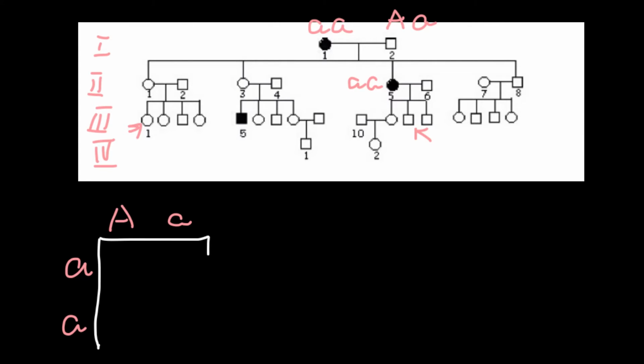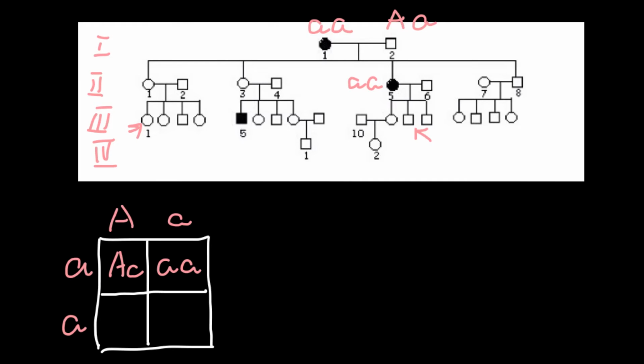According to the Punnett square, we have capital A small a here, small a here, capital A small a here, and small a here. So as you see, 50% of the progeny would be affected, and 50% of the progeny would be unaffected.